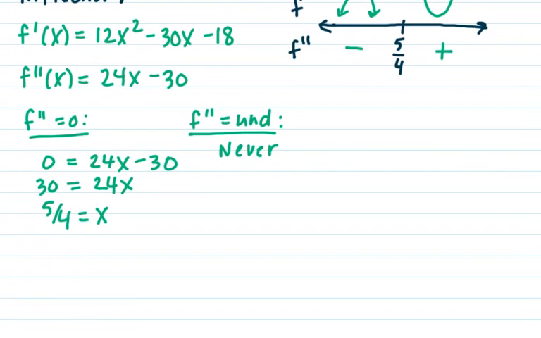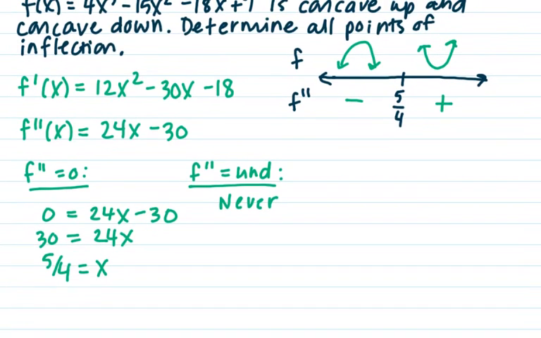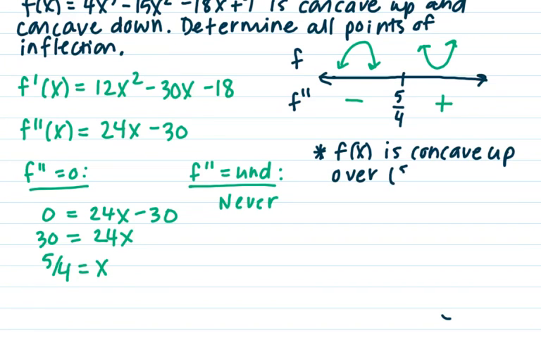Okay, so let's write our answers the way you're expected to write them with your justifications. So this would mean that f of x is concave up over the interval 5/4, comma, infinity, since the second derivative is greater than 0 at that area.